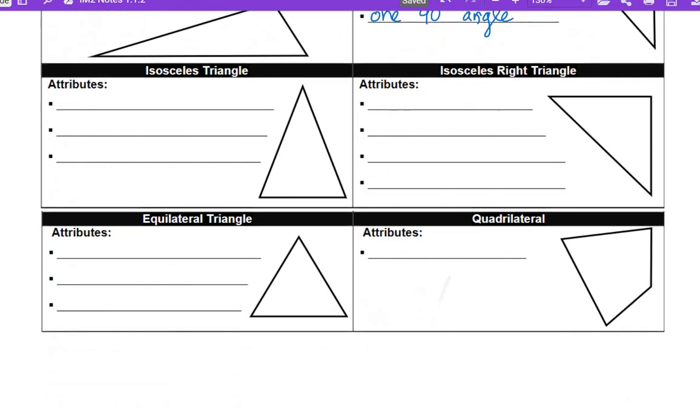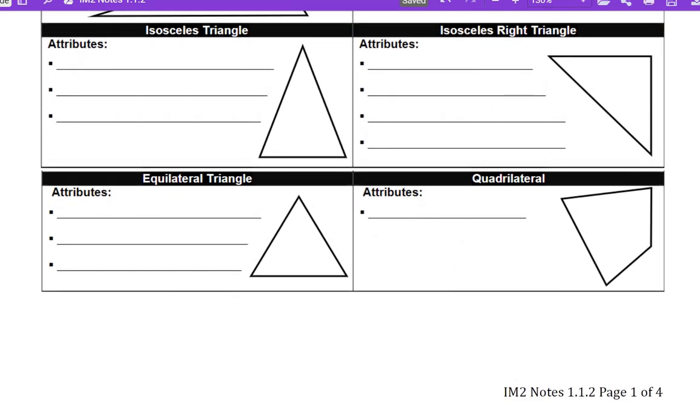Okay, isosceles triangle. This again has 3 sides. It has 2 congruent angles, I'll mark those with pink. And 2 congruent sides, I'll mark those with blue.